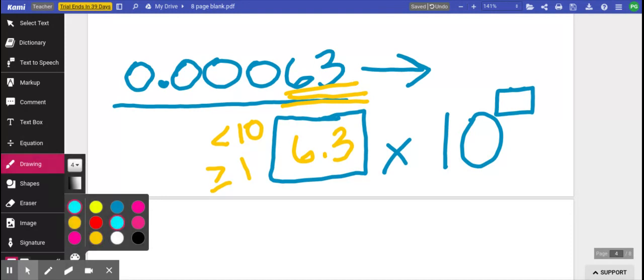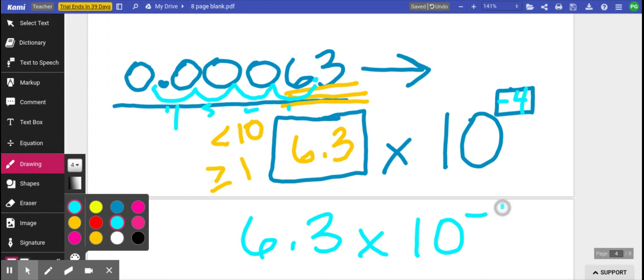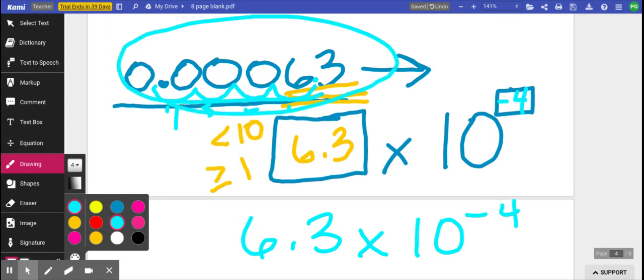And now I'm going to count backwards from 6.3 backwards to get to the decimal. How many times did I move that? 1, 2, 3, 4. But I went to the left. So my exponent is going to be negative 4. 6.3 times 10 to the negative 4. That's equivalent to 0.00063.